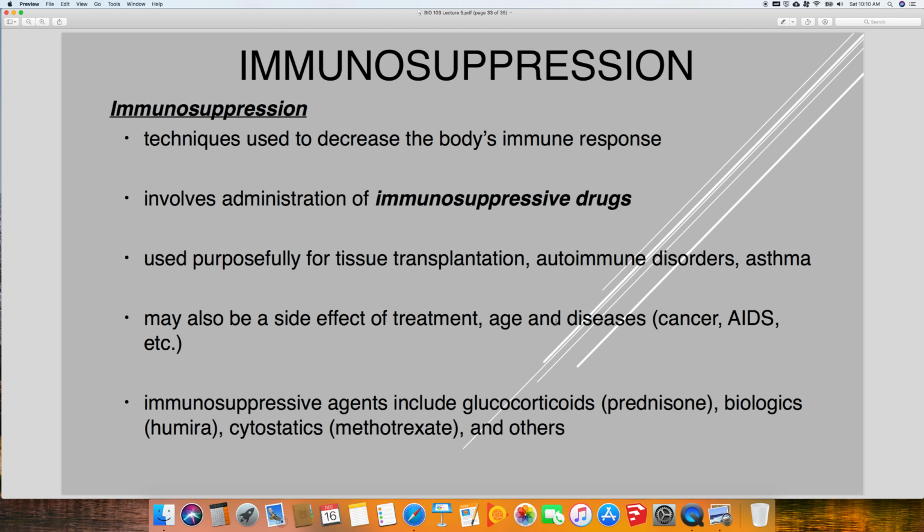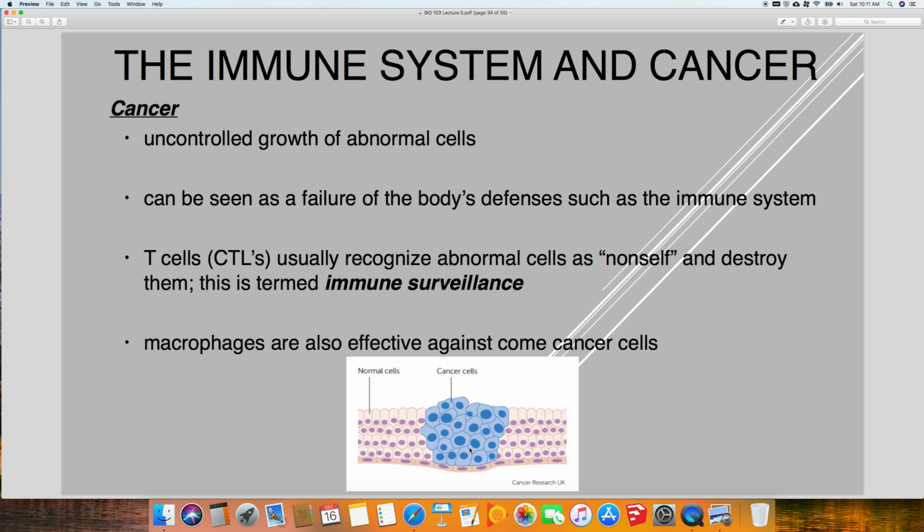Diseases like cancer and AIDS are naturally immunosuppressive. And then some of these agents, glucocorticoids like prednisone, are used for a wide range of conditions. The biologic drugs, these are the new kids on the block. They're used for autoimmune diseases. Those are things like Humira. Cytostatics like methotrexate, which is like a low-dose chemotherapeutic agent. And there's many, many more.